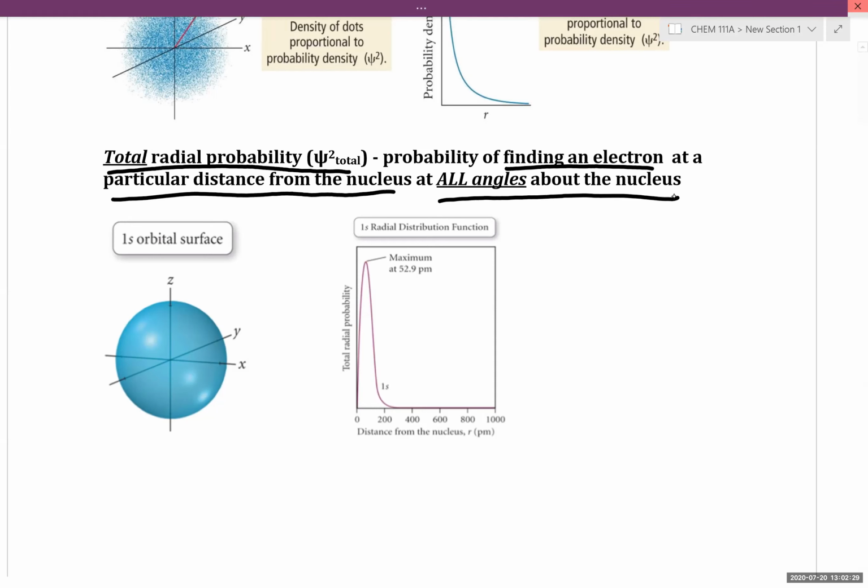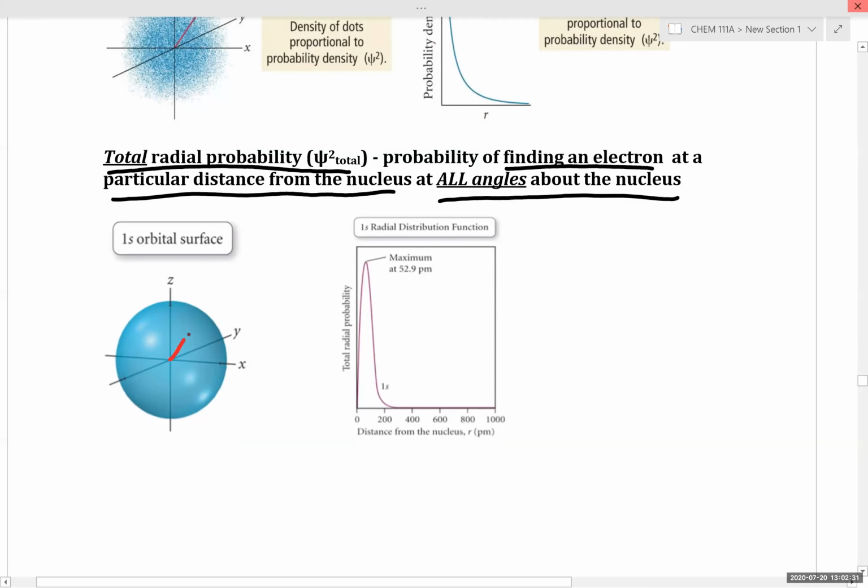So for example, we'd go out a distance r and sample almost like a sphere cutout, at the total probability of finding an electron at that distance r.